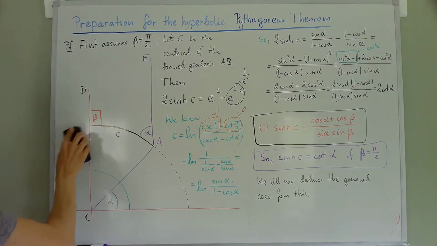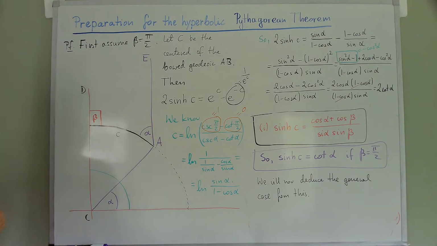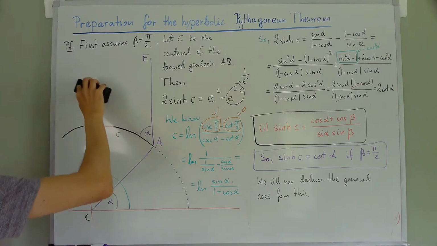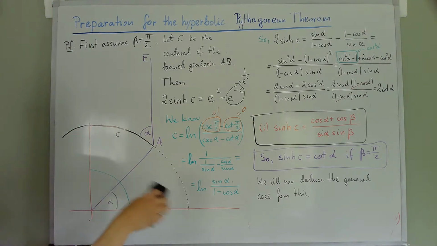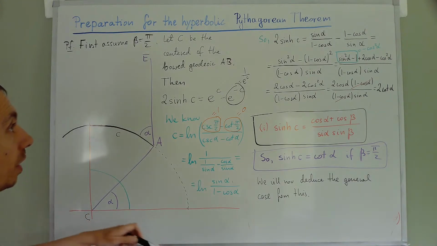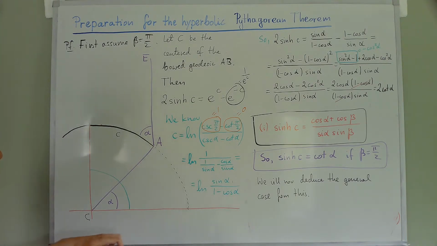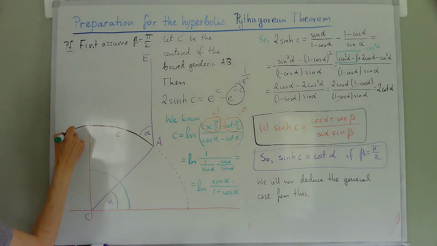Remember, that means the angle beta is no longer right, so I'll take this notation away. C is still here. So my point B will be somewhere else, let's say somewhere here.